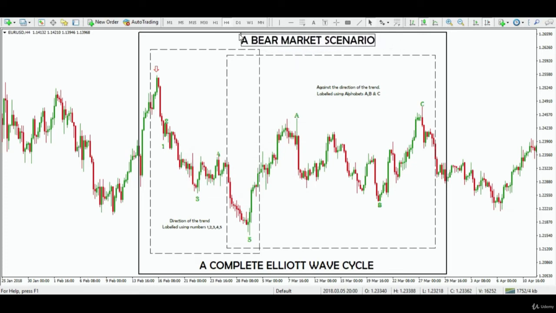This example shows how an Elliott wave cycle looks in a bear market scenario. Now let's study the same but within a bullish market.